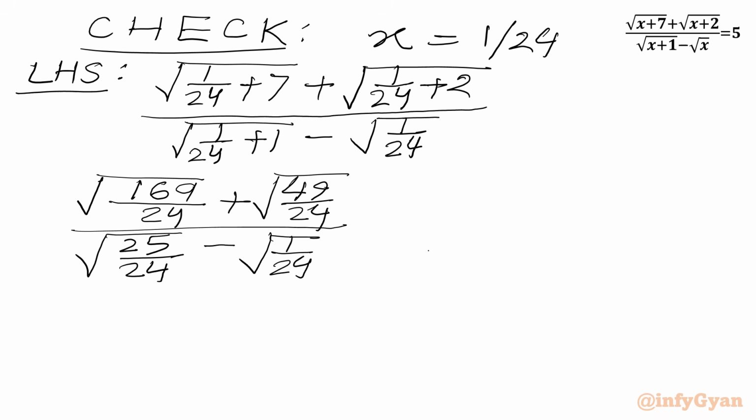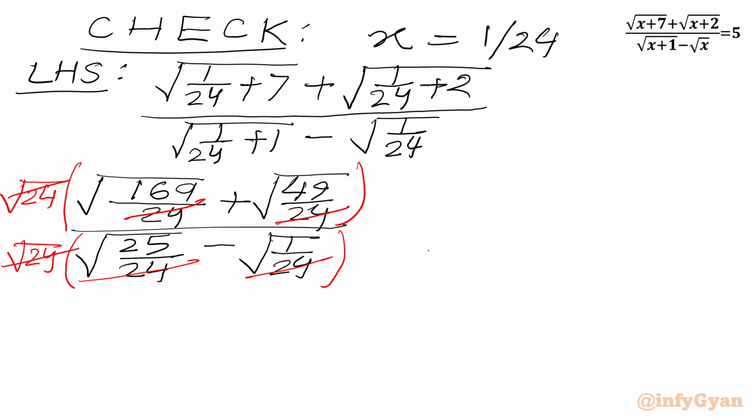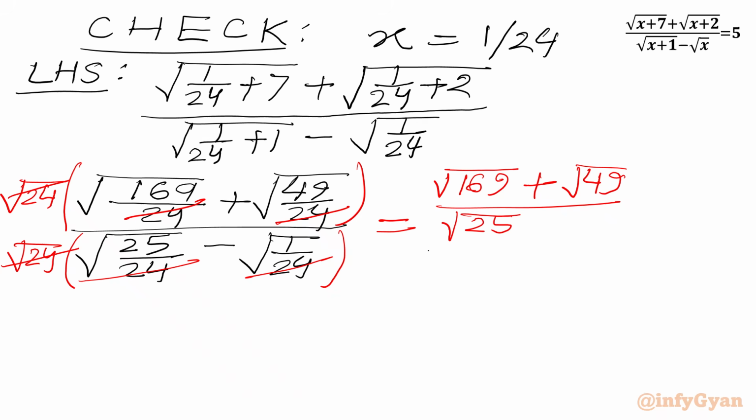Now we will multiply numerator and denominator by square root 24. So denominator 24 will get over from numerator and denominator. So square root of 169 plus square root of 49 over square root of 25 minus square root of 1.